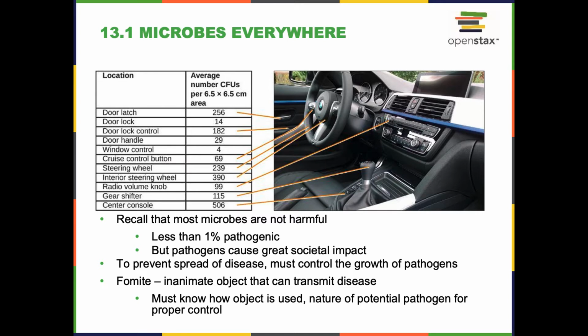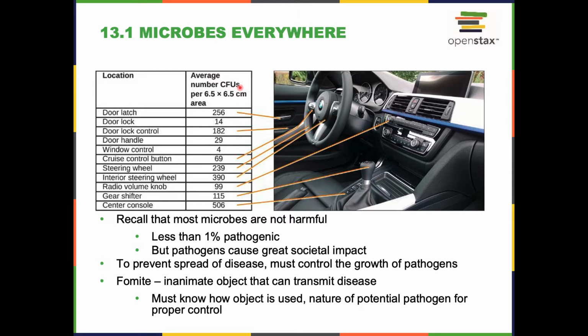And this is a neat little survey of where the microbes are in your car. Let's look at some of this stuff. CFUs, you guys remember what that means? Colony forming units, right? So technically it's cells. If that's the easiest way to think about it, a CFU is a cell, but it's not really a cell. It's sort of a cell.